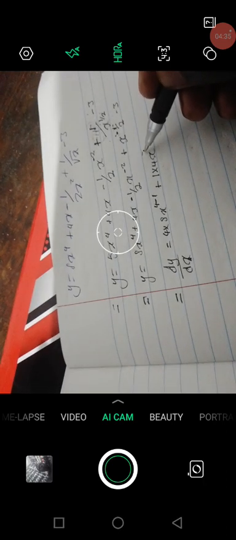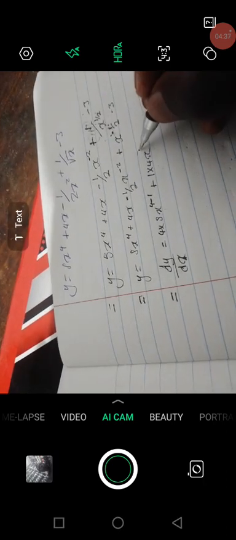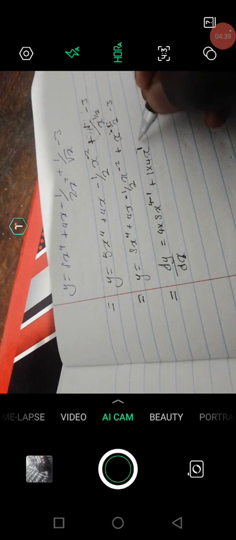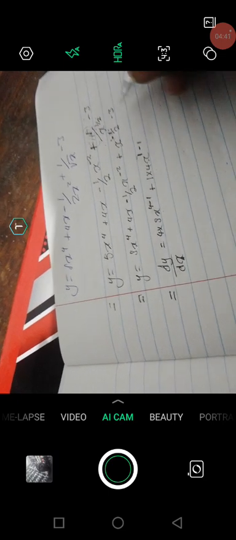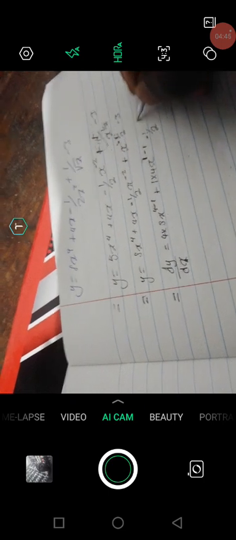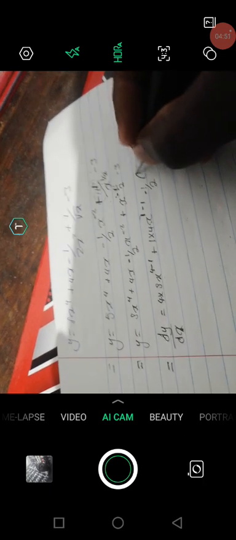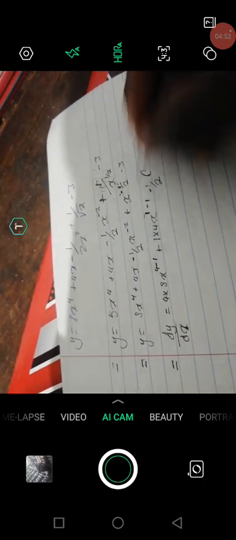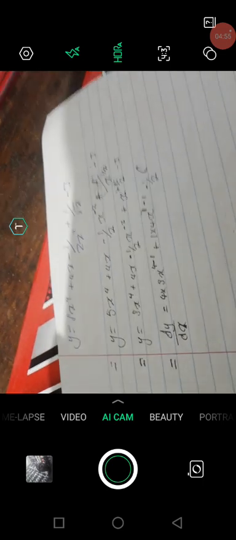If you look properly, on the power there is a 1, it is invisible, it's been powered by 1. Minus 1 over 2. I'll first deal with this one for smooth understanding. The power has to multiply with the base.